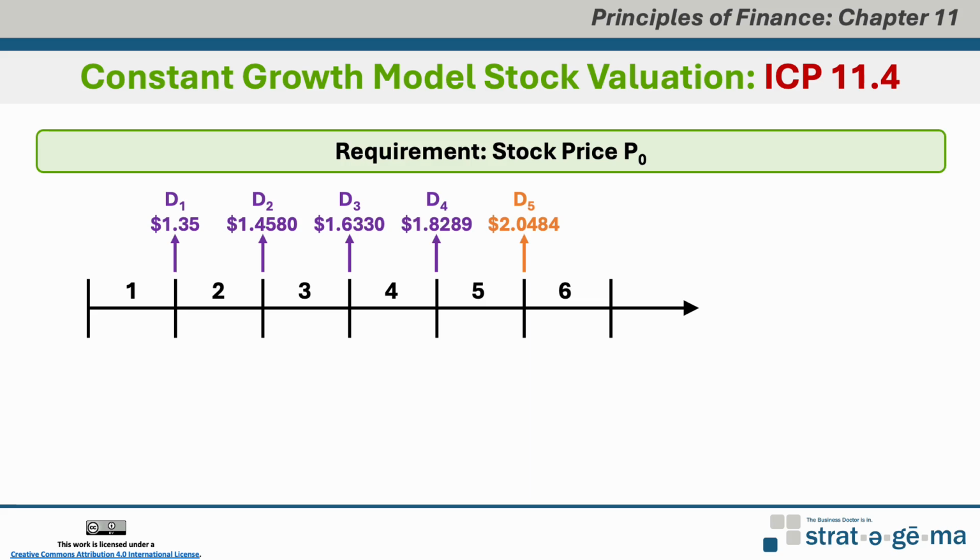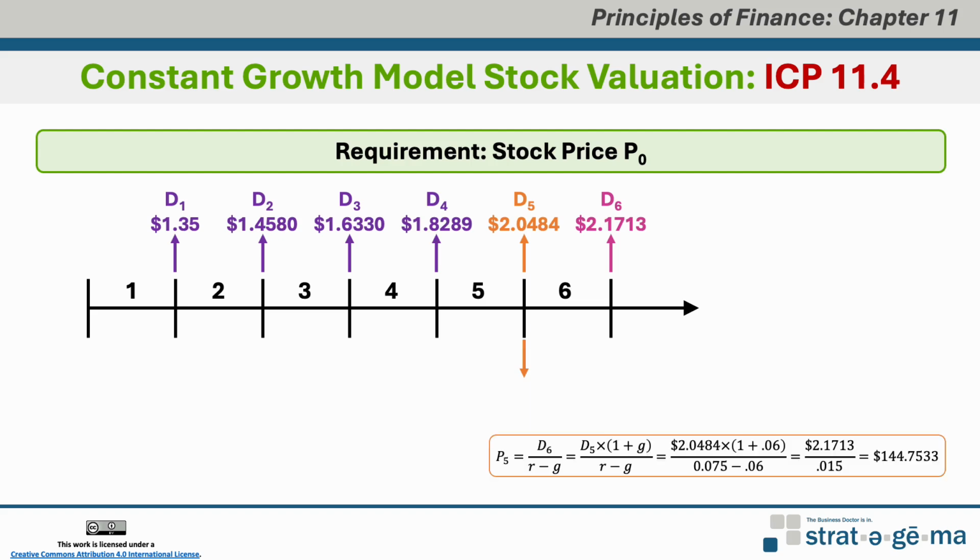To figure out the price of P0, we need D1, D2, D3, D4, D5, and P5. But for P5, we need to know what D6 is. So we would take D5 times 1.06, because now the growth rate settles at 6%. So 2.0484 times 1.06 is 2.1713.